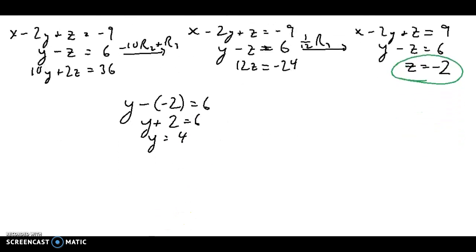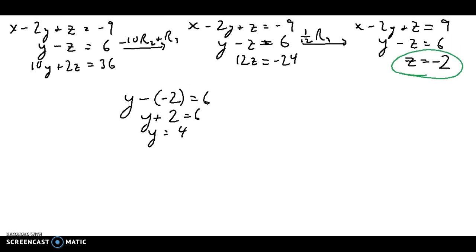That's good to see. Let's scroll down a little bit. And now we've got this equation up here, which relates all three variables. We know z is negative 2. We know y is 4. So we'll go to that equation. We've got x minus 2 times 4. Put the 4 in for y.